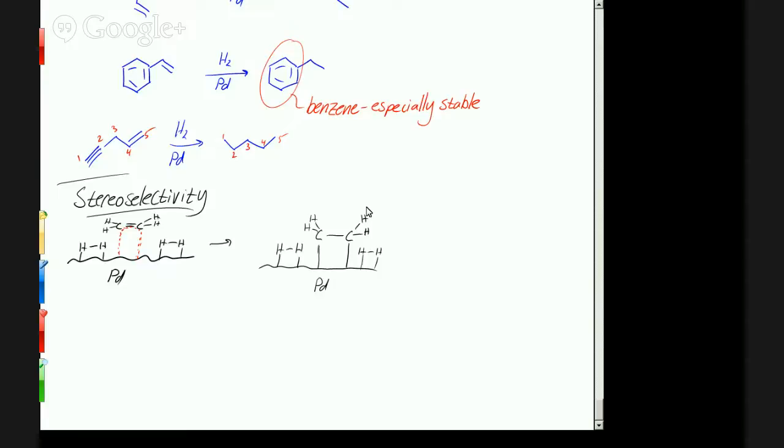Nobody wants to guess? Are you leaning one way or the other, or just no idea? Could go any way. All right. Nobody wants to commit to it.